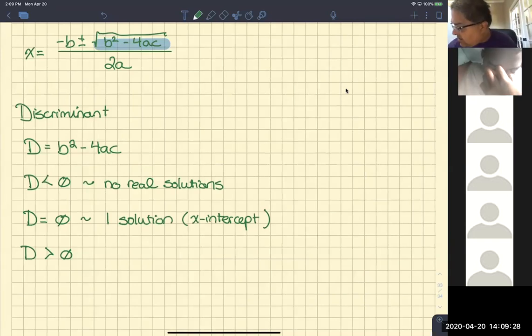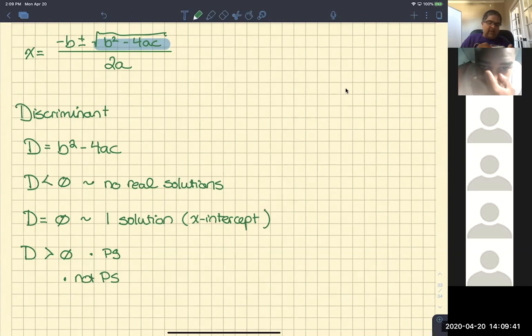It's either a number that is a perfect square or a number that's not a perfect square. So remember, your perfect squares are numbers like 1, 4, 9, 16, 25, whatever. Numbers that when you take the square root, you get a whole number back. If it is a perfect square, that means you have two rational solutions.